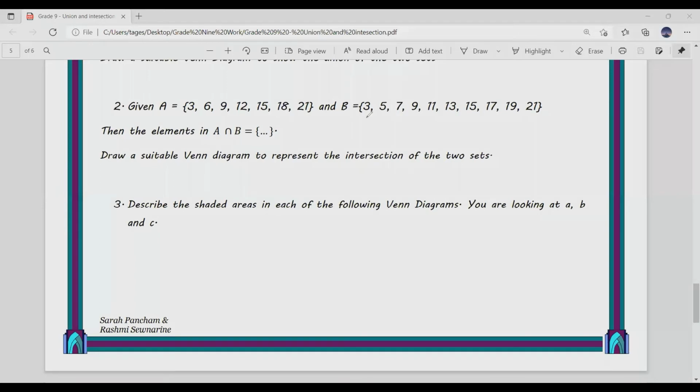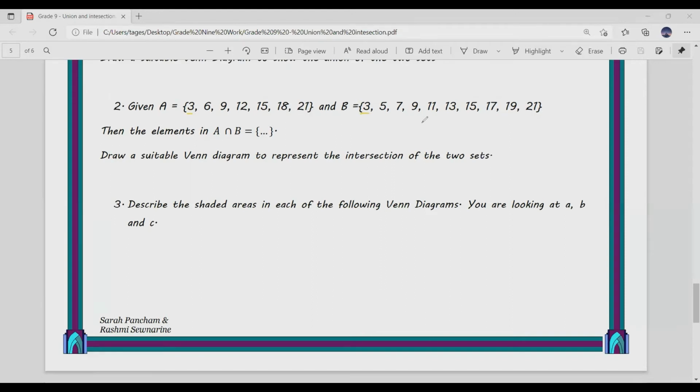Given that A is equal to 3, 6, 9, 12, 15, 18, 21, and B is 3, 5, 7, 9, 11, 13, 15, 17, 19, 21, find the elements in A intersect B. We're only looking for intersection in this case, so we look for what is common in both sets. We have 3 here, we have 3 here.